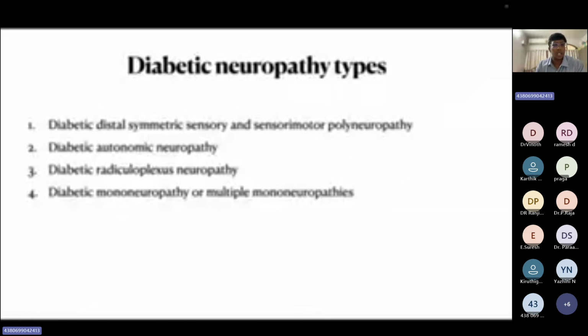Four major types are diabetic distal symmetric sensory and sensory motor polyneuropathy, diabetic autonomic neuropathy, diabetic radiculoplexopathy, and diabetic mononeuropathies or multiple mononeuropathies.